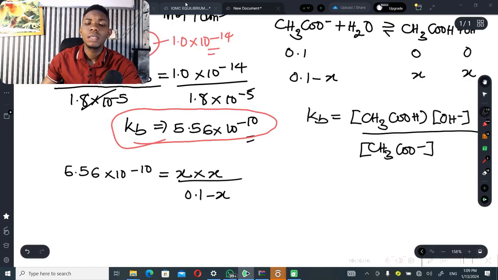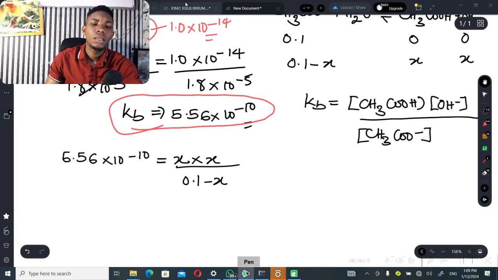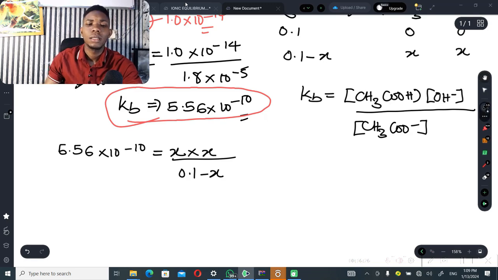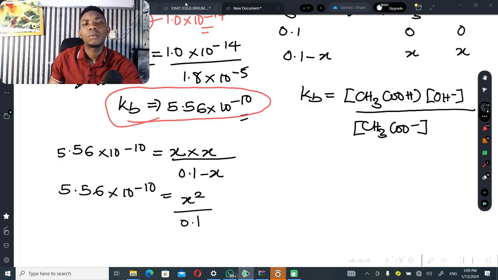So what do you think we are going to be having, my dear student? We have 5.56 times 10 raised to the power of minus 10 equals X times X, which gives X square divided by 0.1.